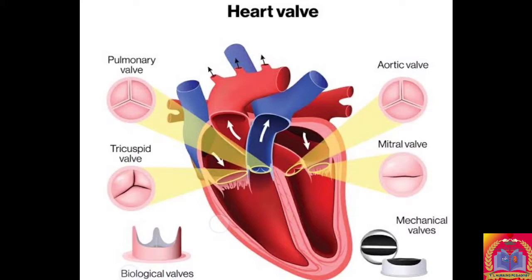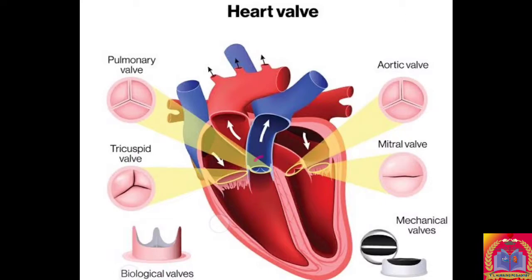Normal valves have 3 flaps or leaflets, except the mitral valve. It has 2 flaps. The 4 heart valves are the mitral valve, the aortic valve, the pulmonic valve, and the tricuspid valve. So friends, the tricuspid valve is located between the right atrium and the right ventricle.